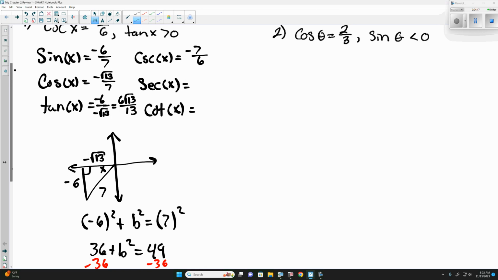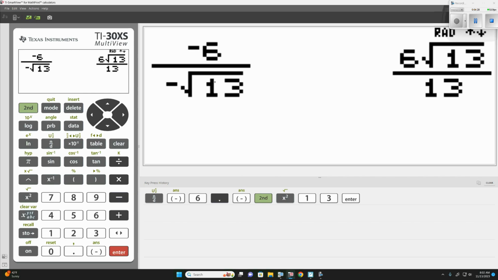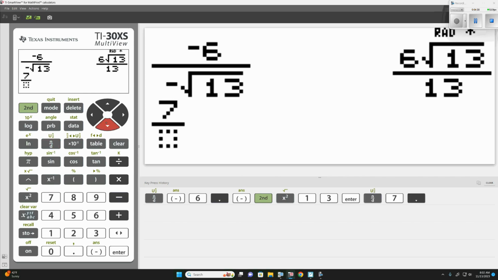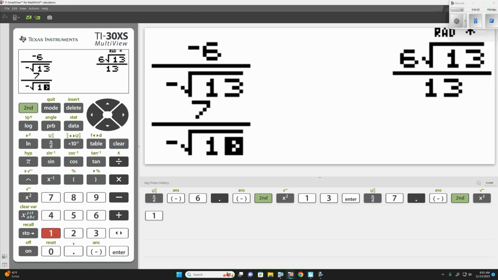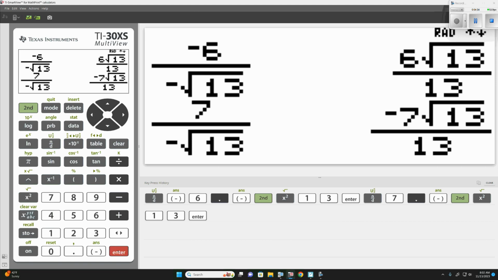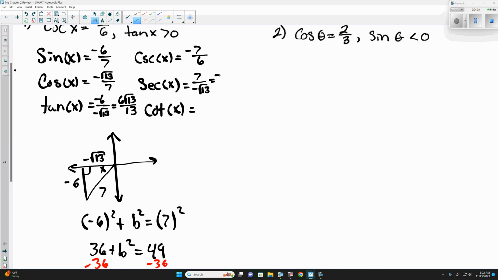Now we do need to find the other two. Well, secant's going to be 1 over cosine. So 7 over negative square root of 13, rationalized, is negative 7 square root of 13 over 13. And lastly, cotangent.